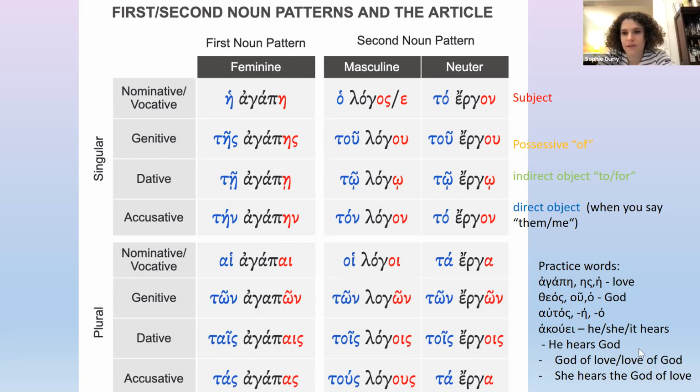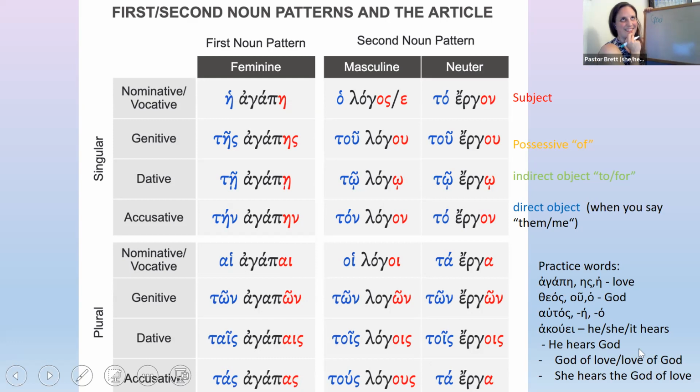You have to do loves God, right? Agapes theos. Or which way do you do it? Love. That's correct. Yeah, the word order here could go either way in the Greek. In English, of course, it matters.